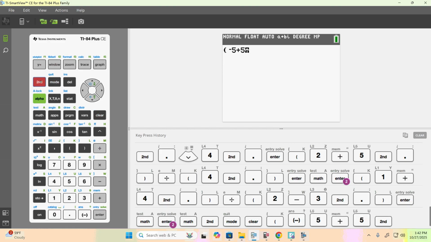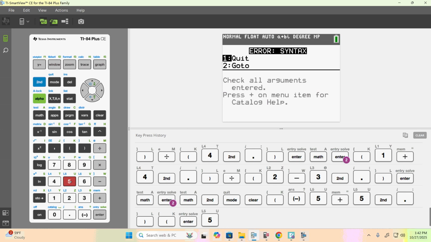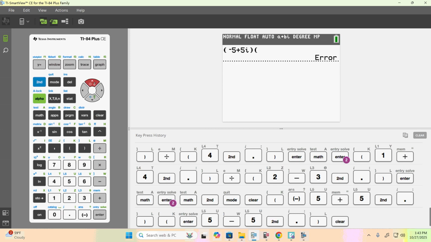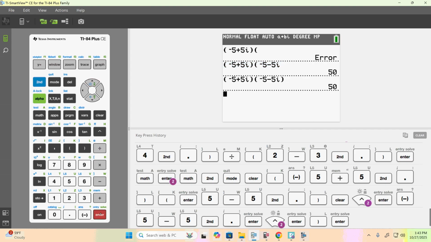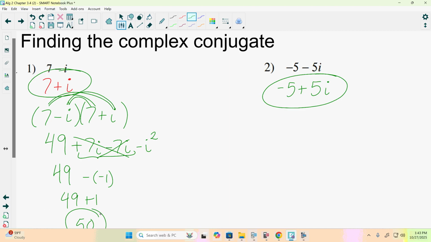Negative 5 plus 5i times negative 5 minus 5i would indeed be 50. Now it just works out incidentally that both of these are 50. It's not always going to be 50. But their product will always give us a number. Questions on 1 and 2?